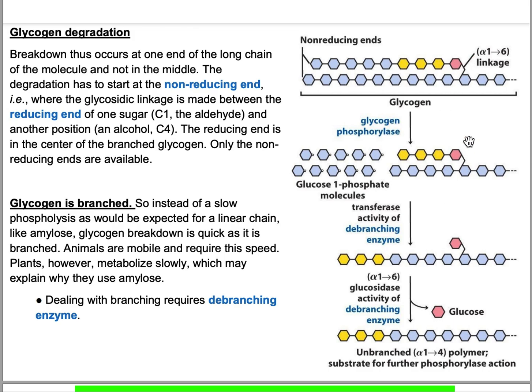Then the transferase activity of the debranching enzyme transfers 3 glucose molecules here, and the glucosidase activity of the debranching enzyme trims the glucose at the branch point, leaving a linear chain. Then glycogen phosphorylase again starts working here and removes glucose one at a time.